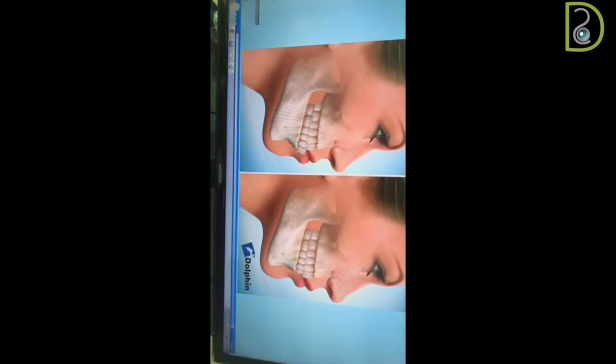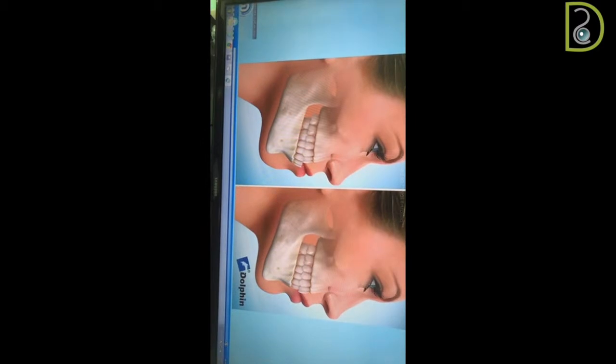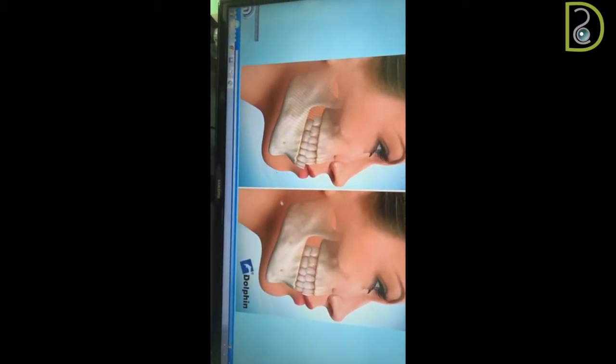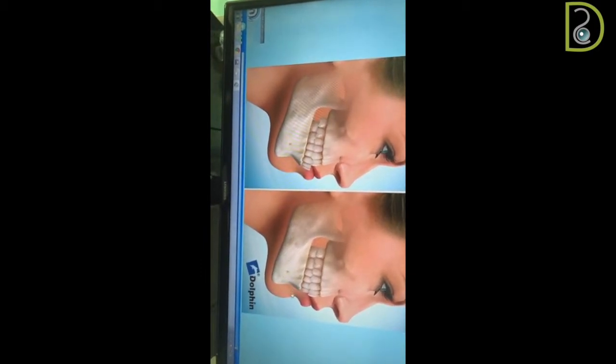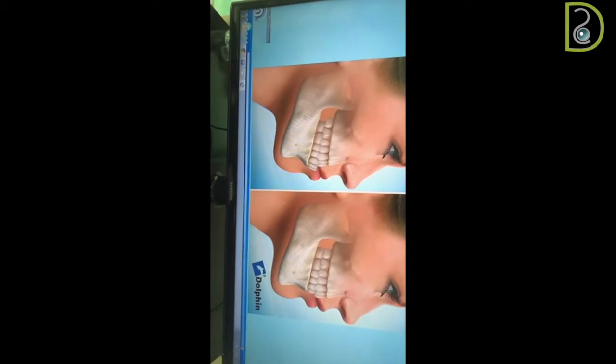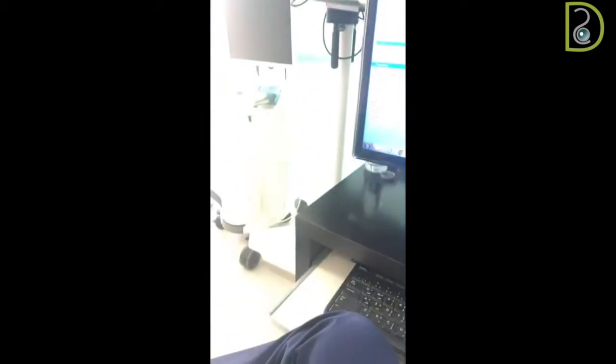Here the patient has a concave profile, and the lower jaw is forward. After you move the lower teeth and the lower bone backward, it improves the facial profile. This is the beauty of orthodontics. If you start the treatment at the right time, it literally improves the outcome and helps the patient's profile.